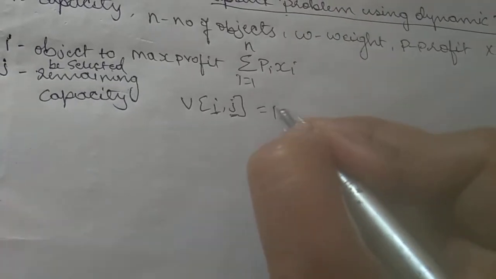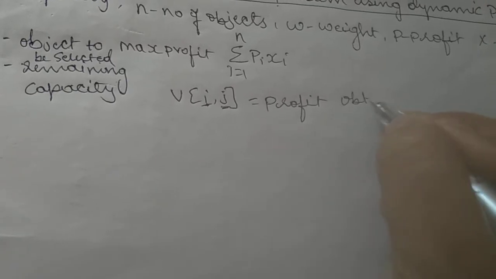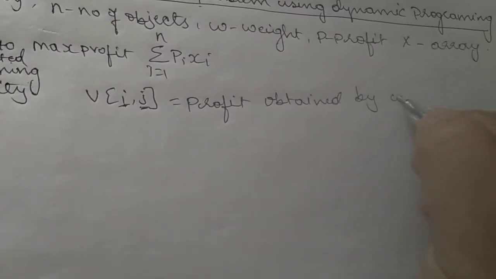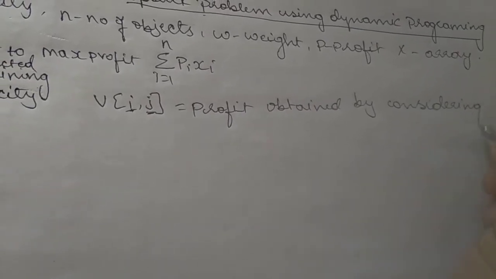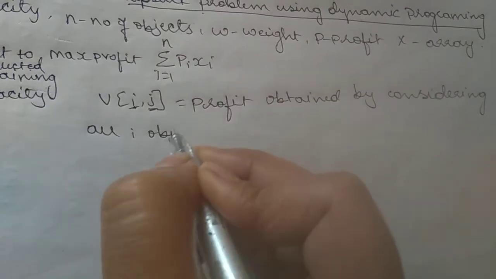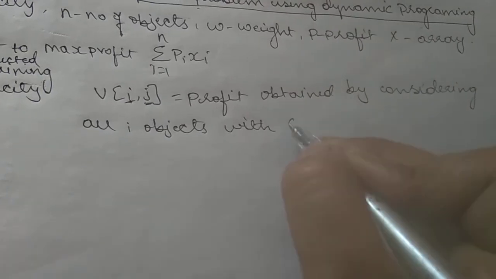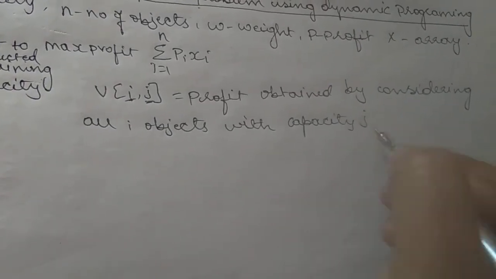V of ij is the profit obtained by considering all i objects with capacity j.